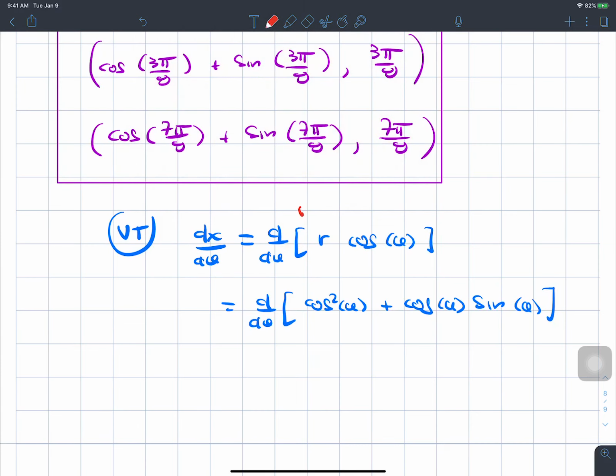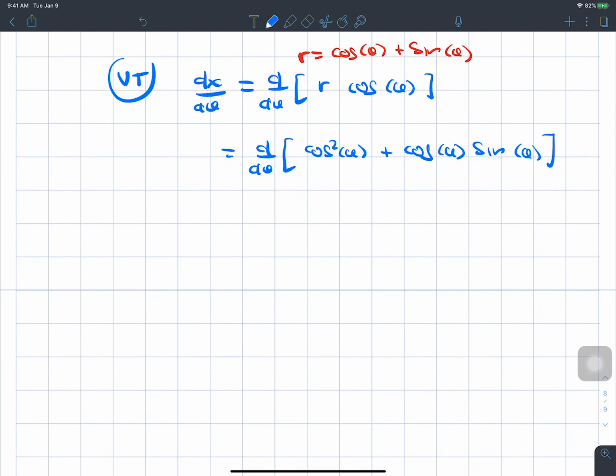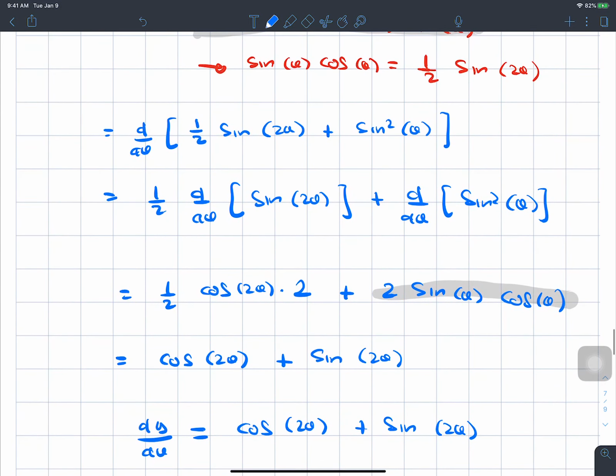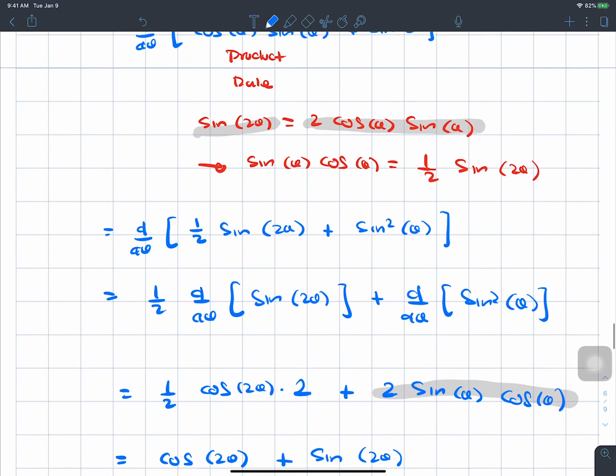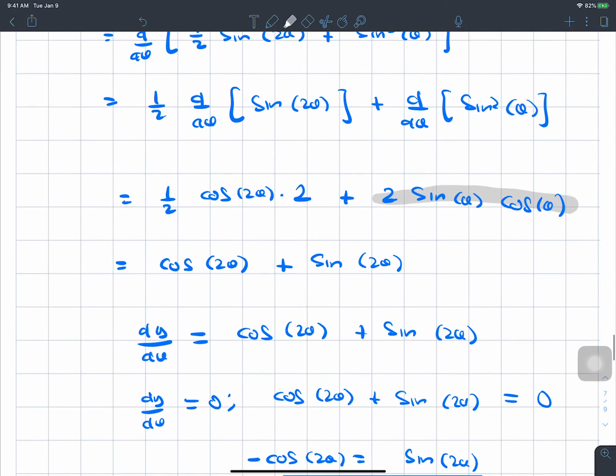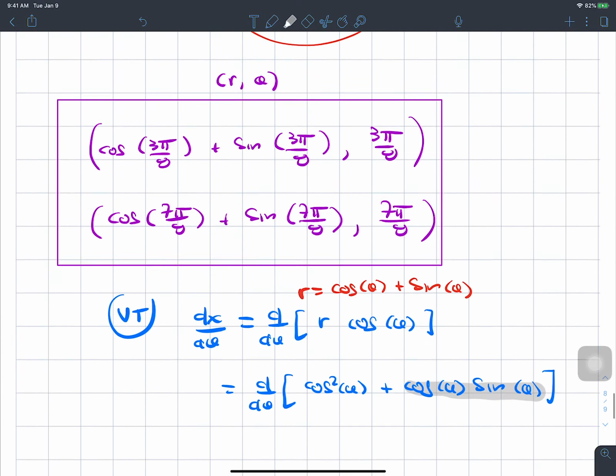Again, because r here is replaced with cosine θ plus sine θ, and you distribute it. You're going to use the same identity here: cosine θ sine θ, way back up here. It's going to be 1/2 sine 2θ.